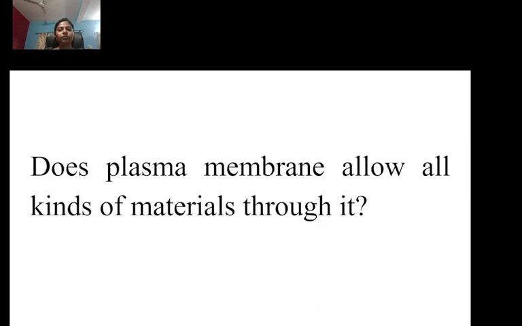Okay students, now does the plasma membrane allow all kinds of materials through it? What do you think, students? Come on.